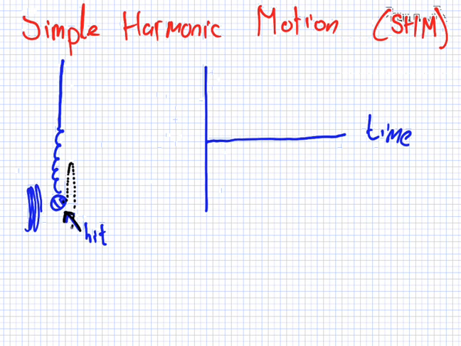Then it goes faster, faster, then it slows down and goes back up, up and down like this. If I was to draw its graph, time and velocity, it would look like this. It would start really fast, then it would slow down when it's here, then it starts to go down.